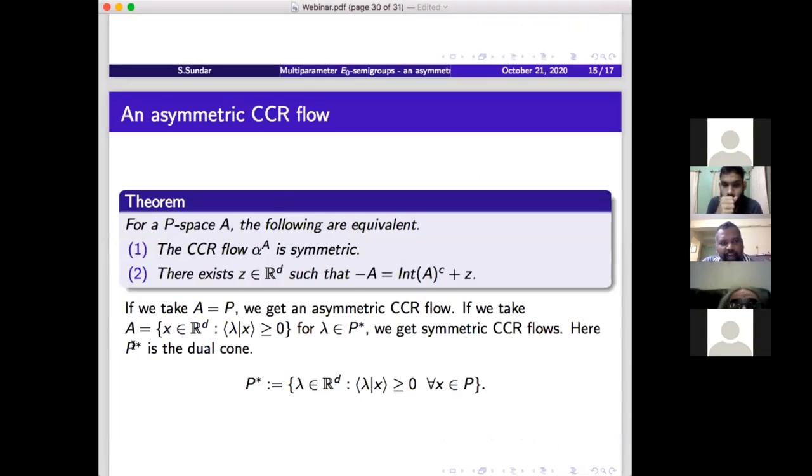So if you take the half space, A equals X belongs to R^d, lambda X greater than or equals 0, the CCR flow associated to the half space A would be isomorphic to the CAR flow associated to the half space. Okay, thank you. You're welcome.